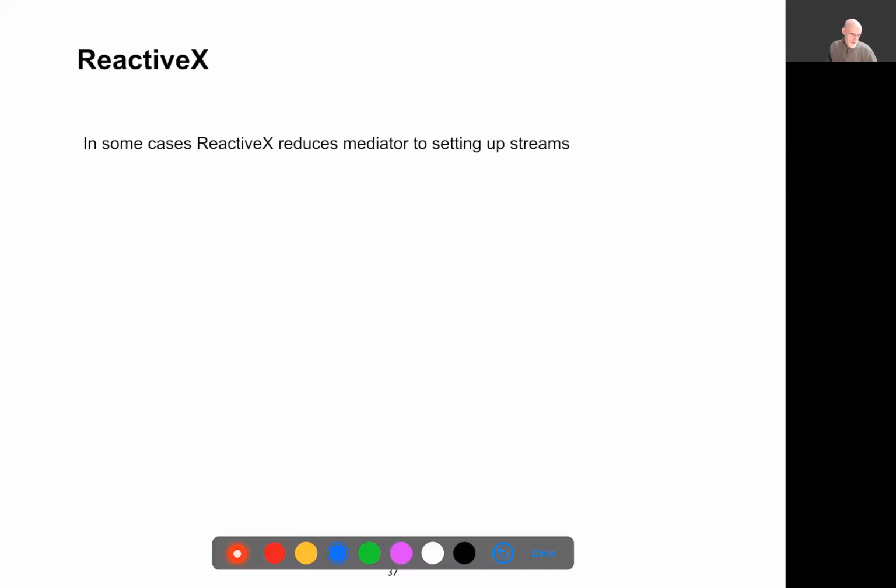Yeah, again, as time moves on, we find new constructs. So Reactive X can sometimes reduce the mediator to just doing streams of processing data. So that's one change since the text was printed.